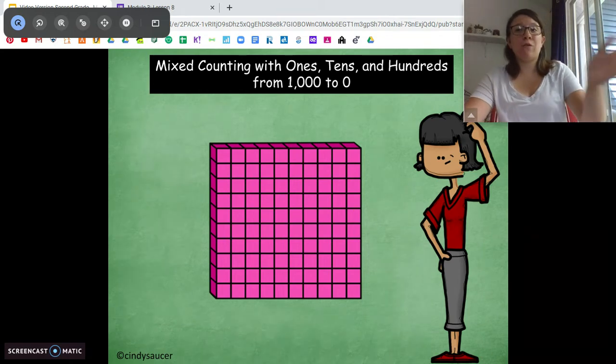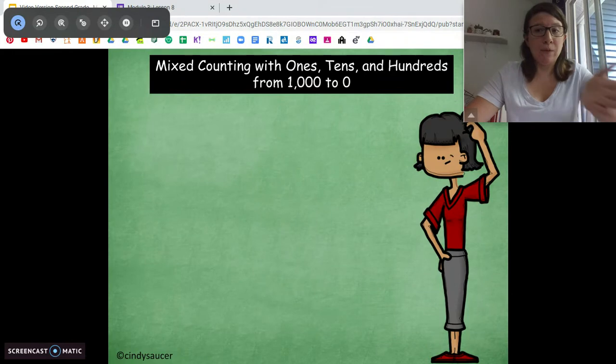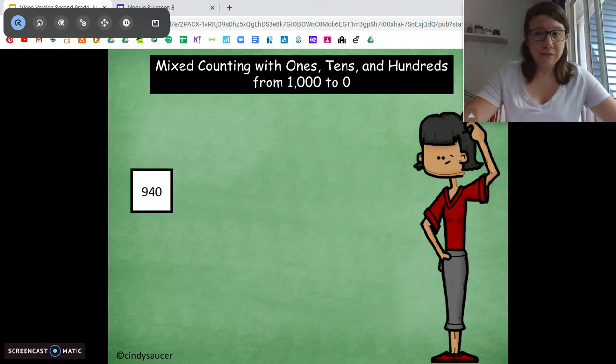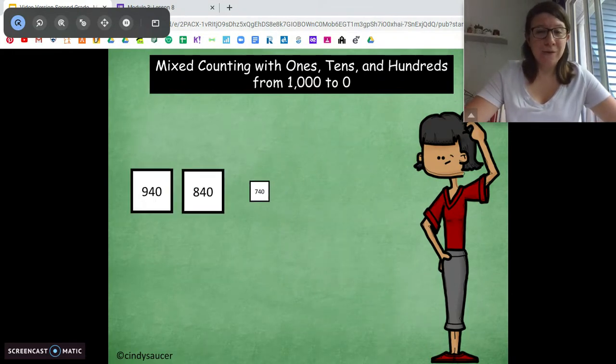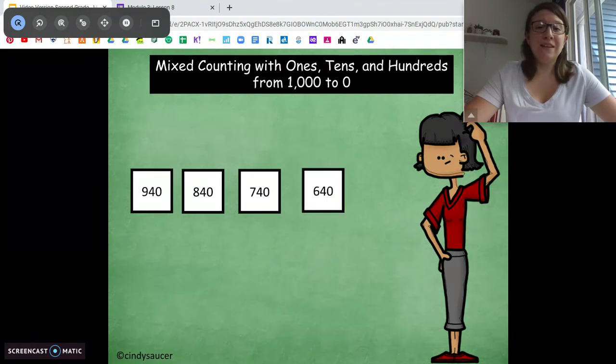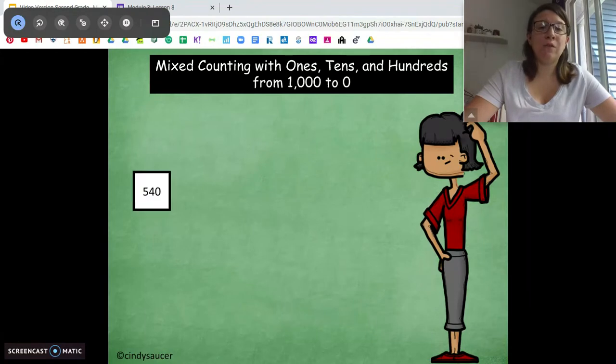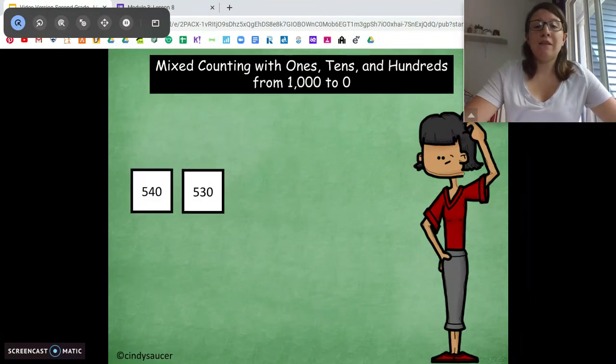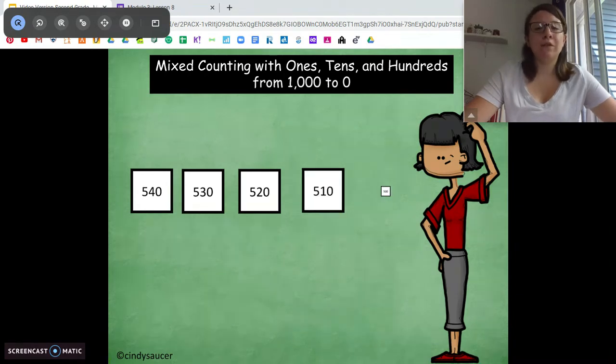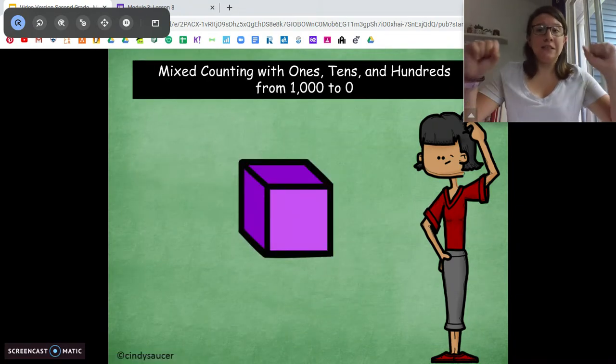Starting at 940, we're counting backwards by hundreds. 940, 840, 740, 640, 540. Oh, now what are we counting backwards by? Tens. Good. Starting at 540, 530, just the tens place, 520, 510, 500.